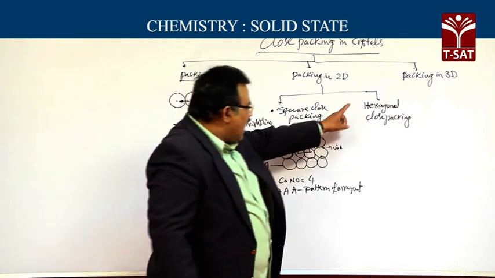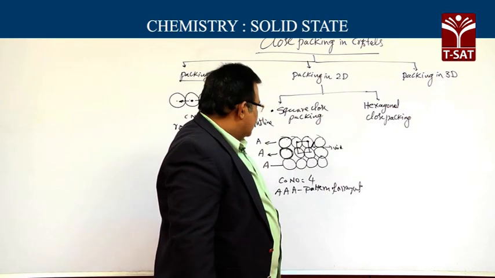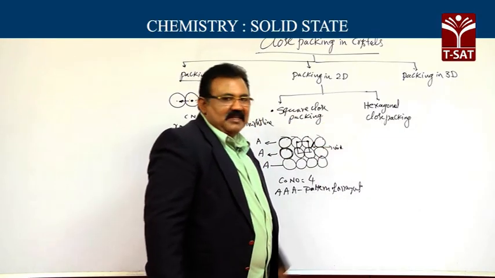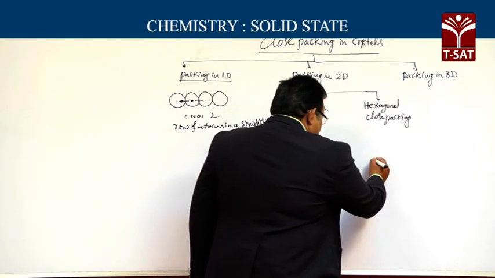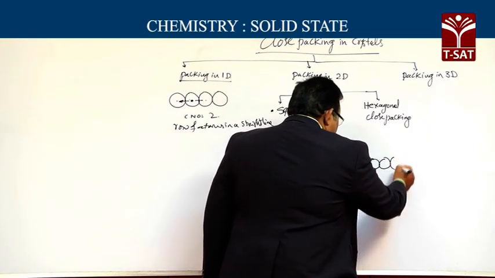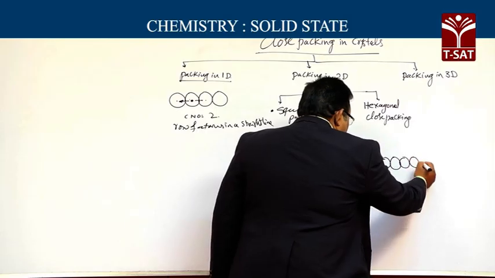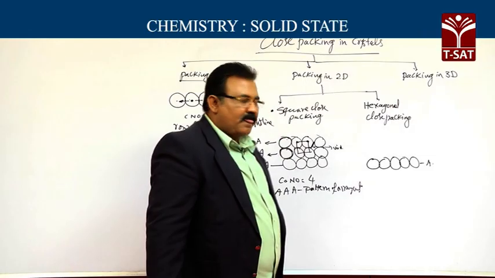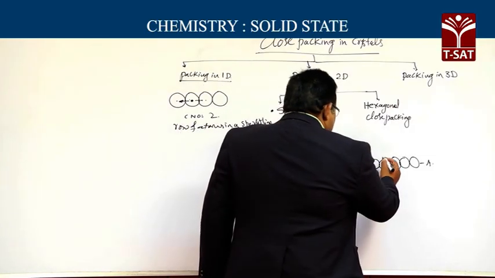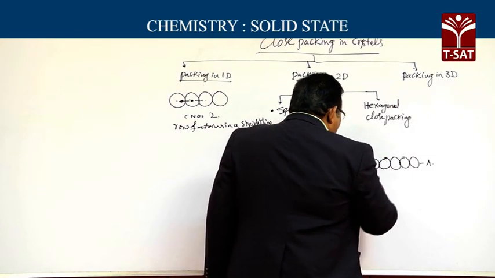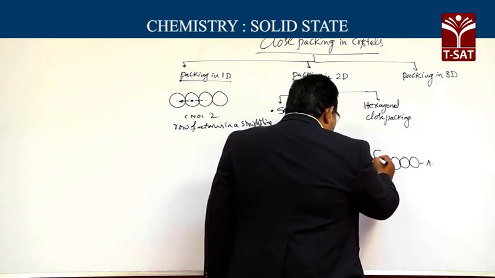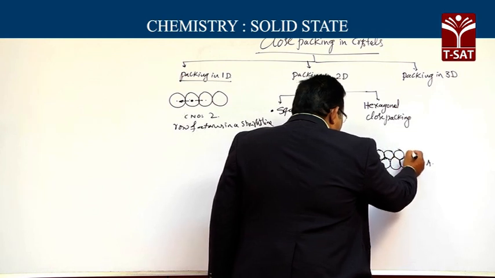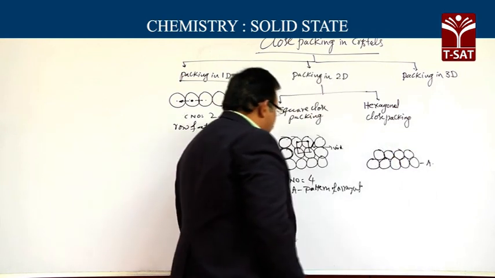If you talk about hexagonal close packing, it is similar, but there is a slight difference in the alignment. Say this is layer A. All spheres are in a row. The second layer is exactly aligned in the depressions of the first layer spheres. That is the difference.